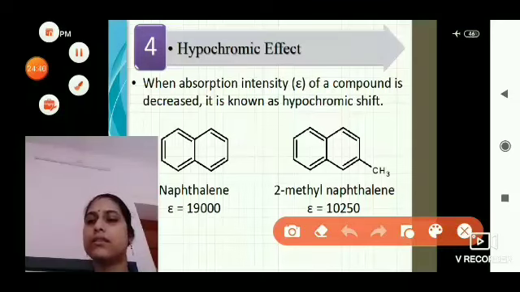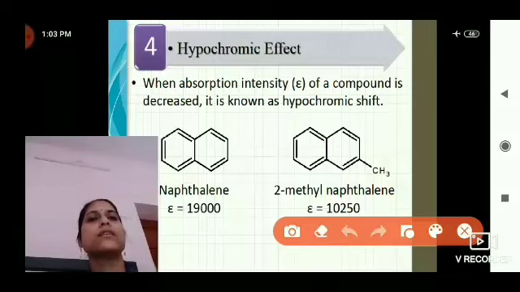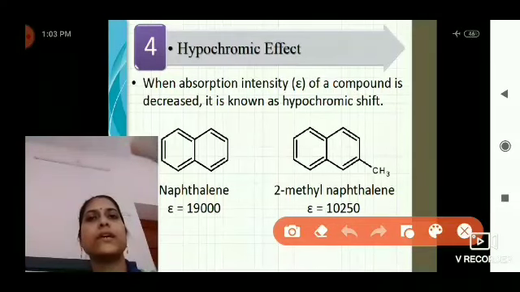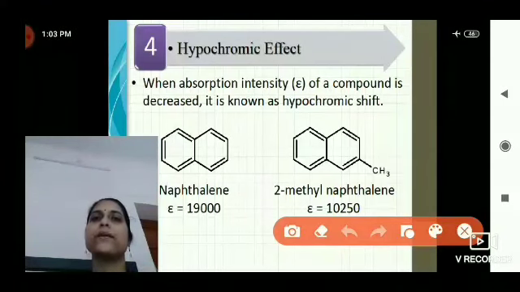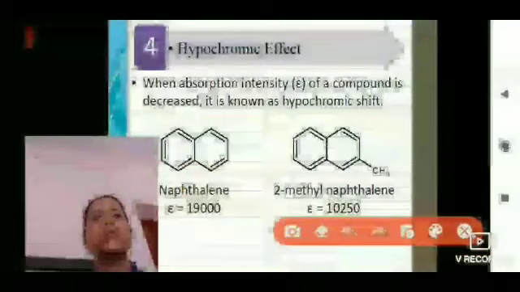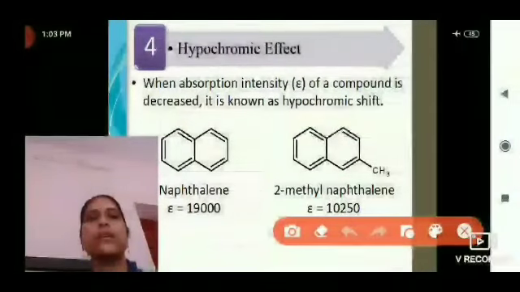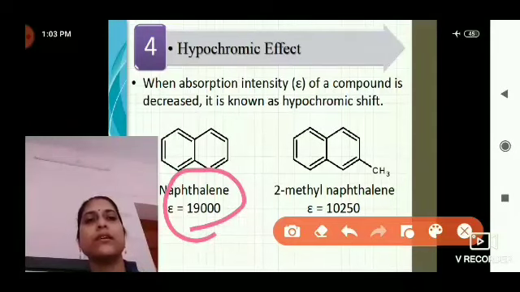When by any reason there is a reduction in intensity, it is called hypochromic effect. In case of naphthalene, the extinction coefficient is the measure of intensity. The larger the value of extinction coefficient, the larger the intensity.